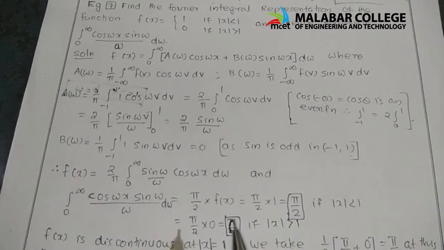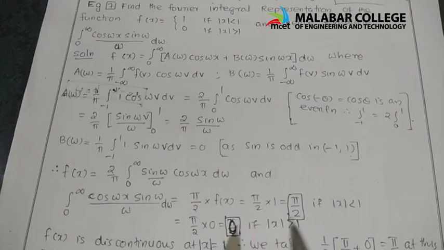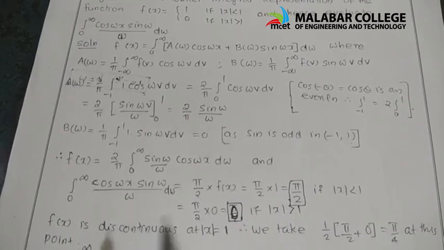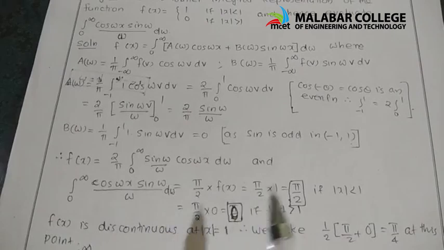And we see that at 1 there is a chance of continuity and discontinuity, and we have to check whether it is continuous or discontinuous. Pi by 2 into 1 is pi by 2, and then this one is 0, which means these two values are different, so we have to take the average.